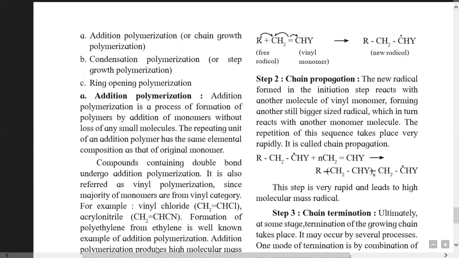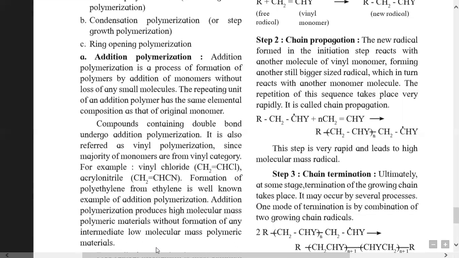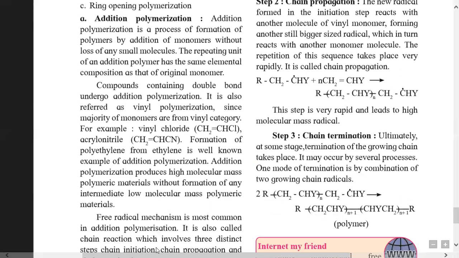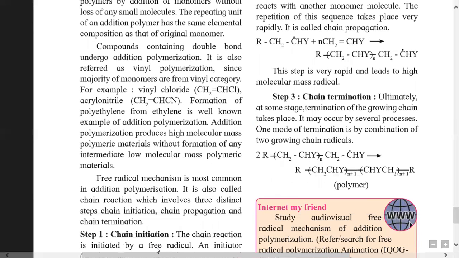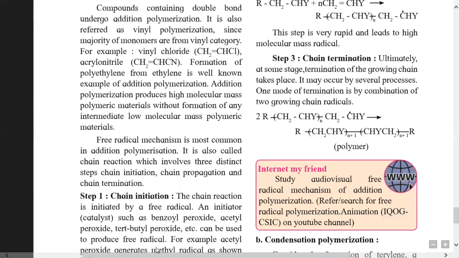In the second step, chain propagation, this new radical again reacts with one more vinyl monomer and chain growth takes place, the sequence repeats and a bigger sized radical is formed. So one monomer is converted into another monomer with radical. This is called the chain propagation step.